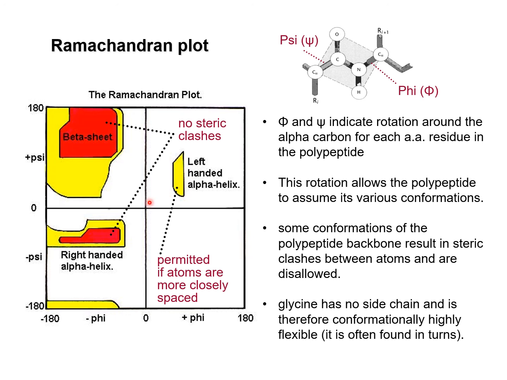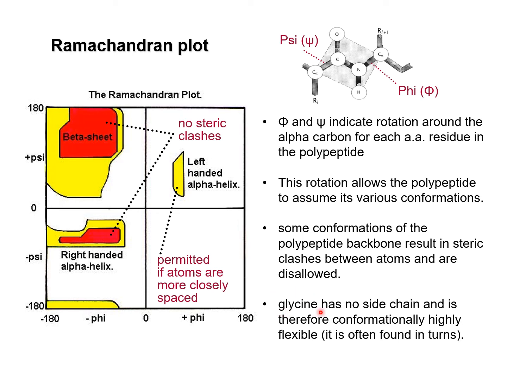Some conformations of the polypeptide backbone result in steric clashes. An example is where both phi and psi values are zero, which is improbable, because of clashes between the oxygen and nitrogen atoms that I made as an example in the previous slide. This is simply disallowed.